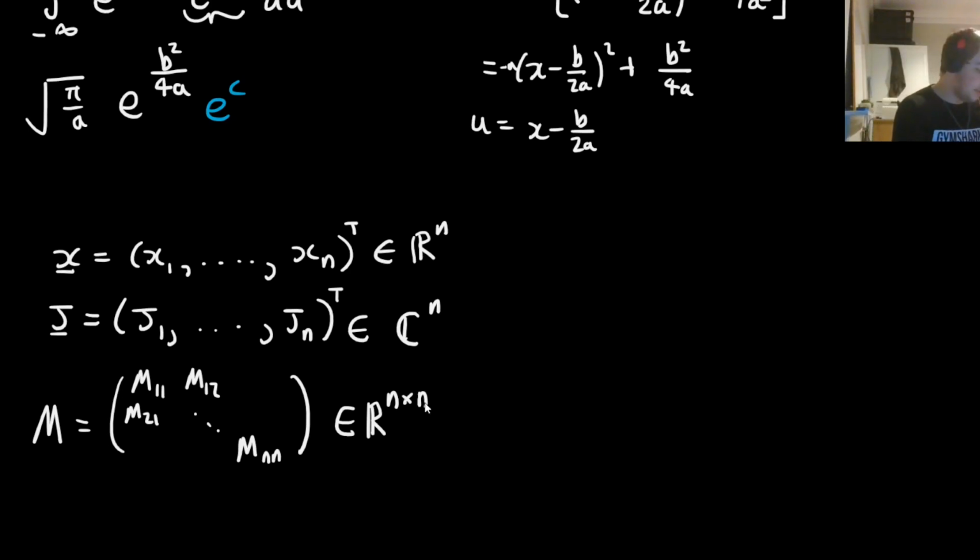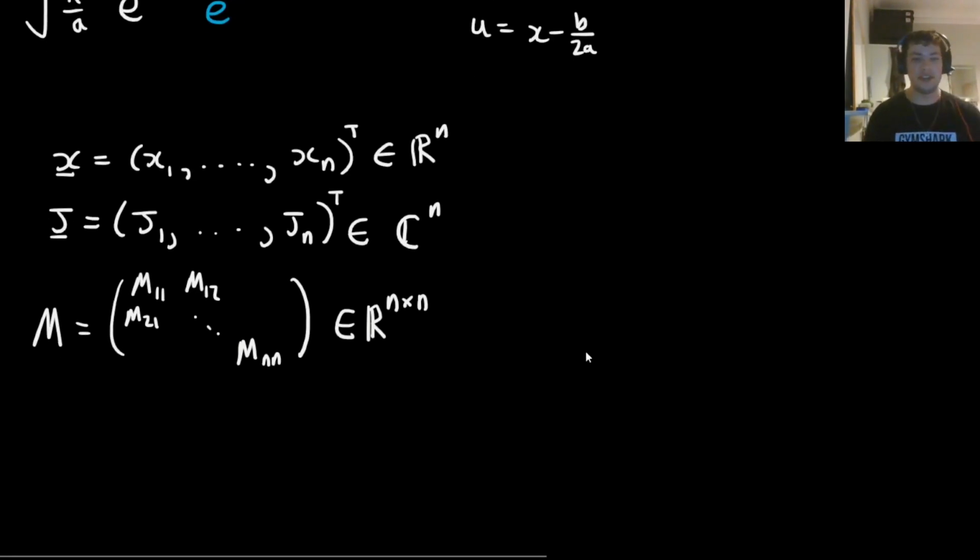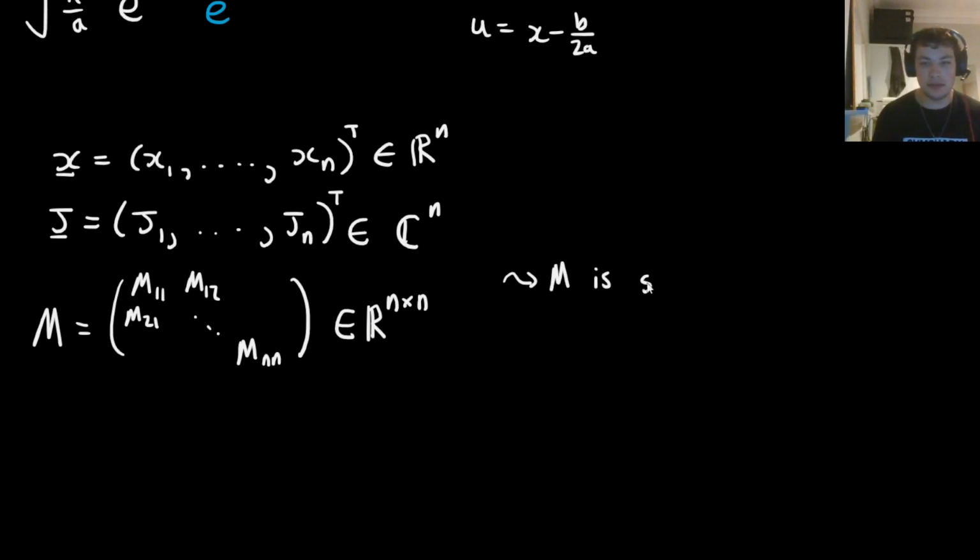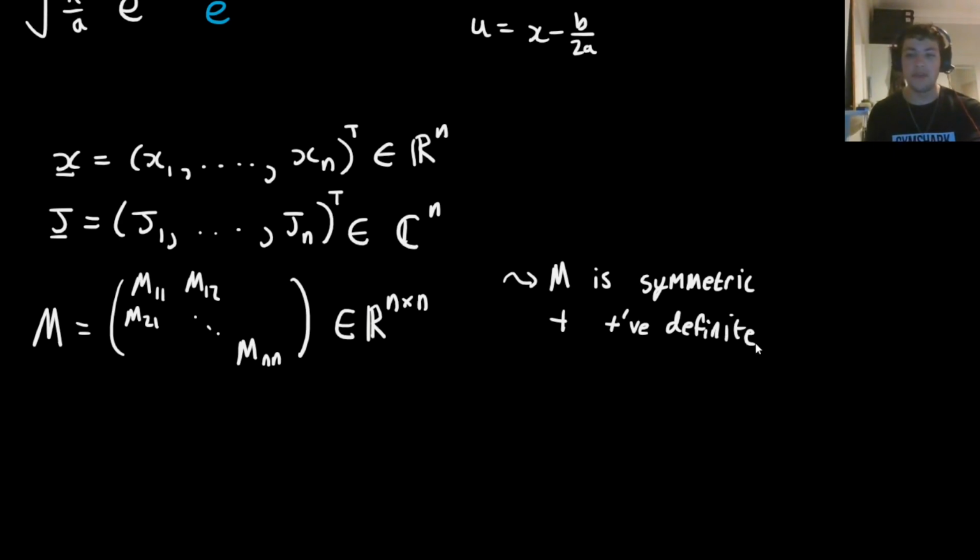There's actually going to be some more conditions on M. We're going to require that M is symmetric, and it's going to be positive definite, which means that all eigenvalues are greater than 0. The reason for this is because, well, you'll see.